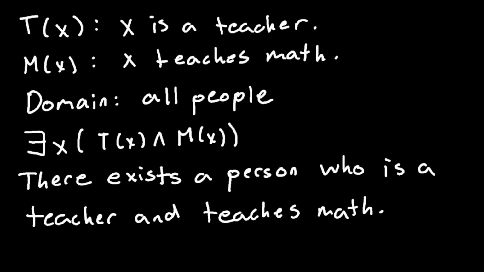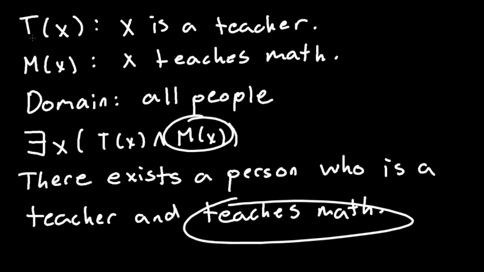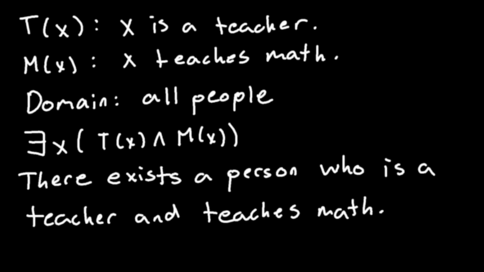Some of them get tricky, and on the exams you'll probably get something like that. But basically what I did here was look at the quantifier. This quantifier stands for there exists. I look at the domain. The domain is all people. So we say there exists a person, which is this section here, who is a teacher, and teaches math. It's pretty step by step.